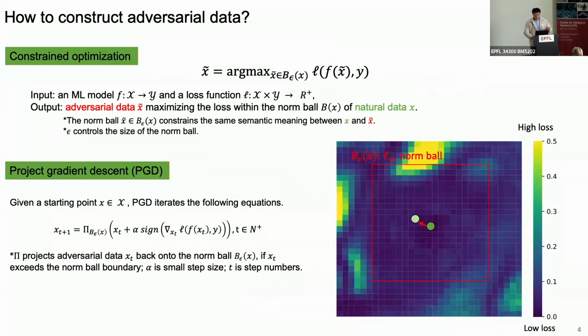Now we get a new point whose loss is slightly larger than the natural data. Then we calculate the gradient again. The loss of the yellow point is again larger. So on and so forth. Finally, we get a red point with the highest loss, which can make the machine learning model inaccurate.